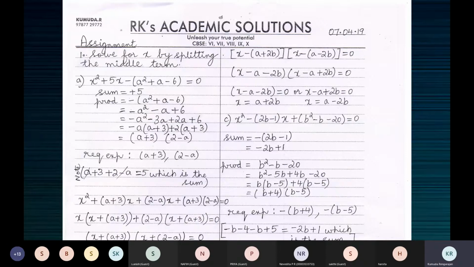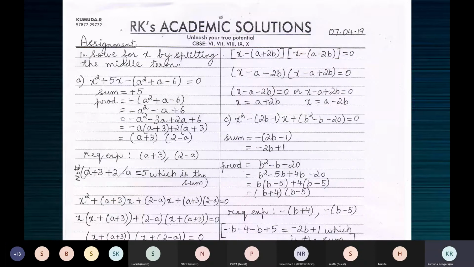Now, since 9th standard, we have seen how to factorize a quadratic polynomial by splitting the middle term, in chapter 2, polynomials, wherein we have understood how to solve a quadratic polynomial by splitting the middle term.